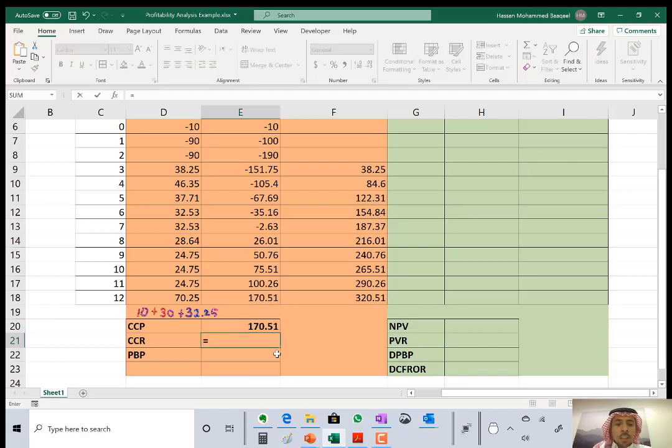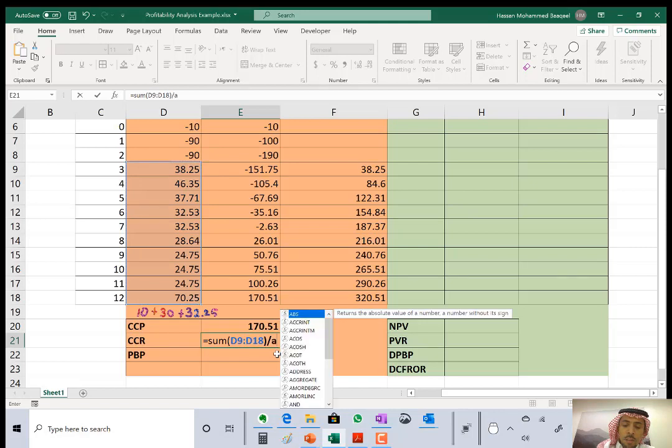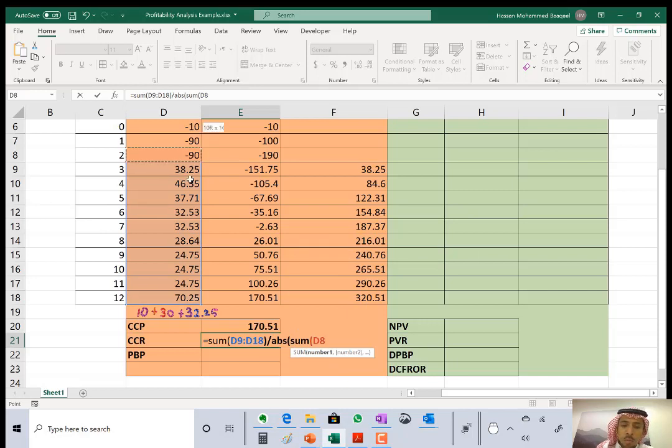The cumulative cash ratio is equal to the sum of all positive cash flows divided by the absolute value of the sum of all negative cash flows. And why am I taking the absolute?